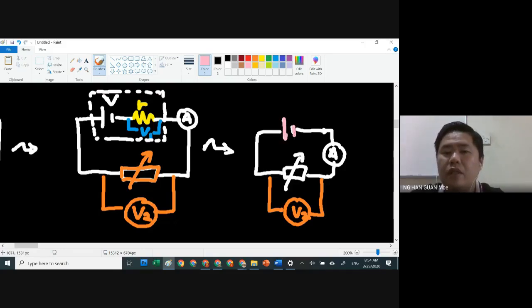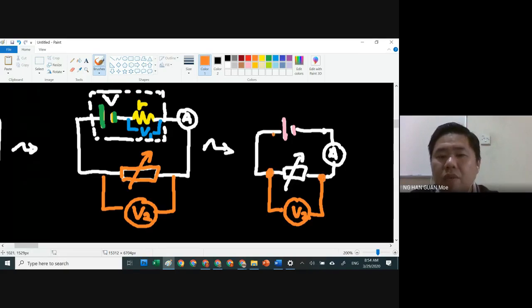This battery is different from the battery inside here. Okay, it's different, because this one is physically a system. So when we connect the V2 like this, actually we connect across this point.